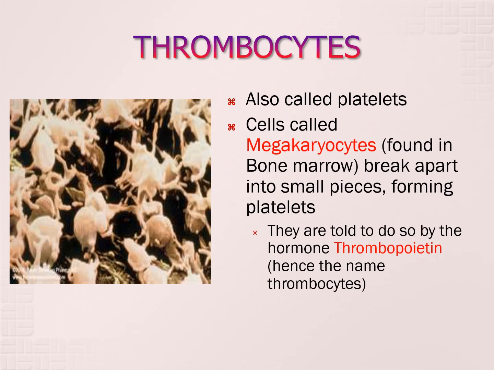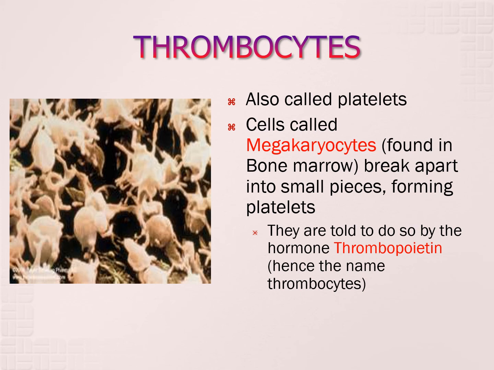Now, these cells called megakaryocytes, mega meaning large, karyo meaning nucleus. Megakaryocytes are cells found in our bone marrow. And these are the cells, what I call the mama cells, that will kind of split apart or pinch off in order to form our platelets. And remember, these cells have to know when to do that. So we have a hormone called thrombopoietin. Here's that thrombo again.